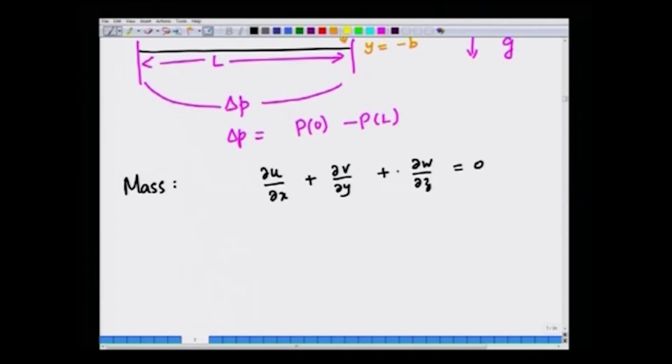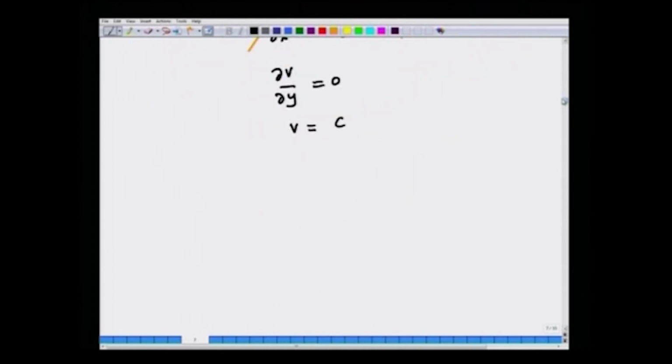First of all, we can say that w is 0, and since u is fully developed, partial u partial x is 0. So, the mass conservation equation will tell you that partial v partial y is 0, or v is some constant that is independent of y. Okay. So, since things are independent of x, it is just a constant.